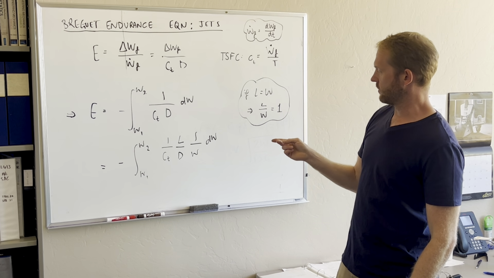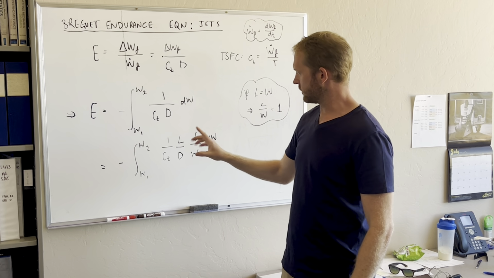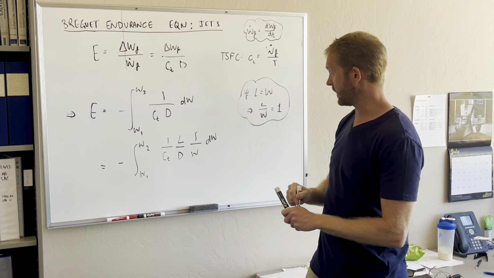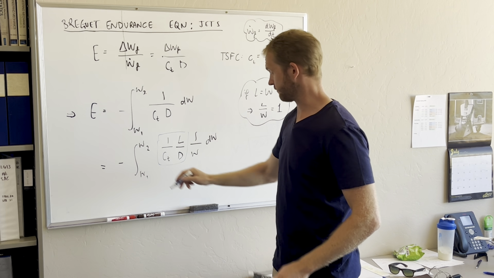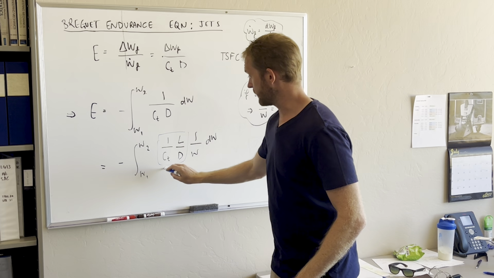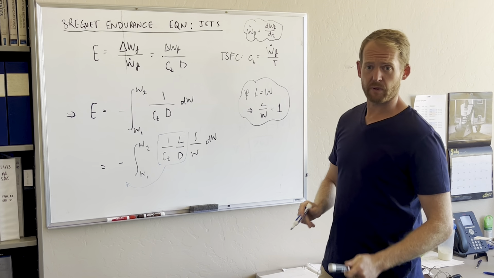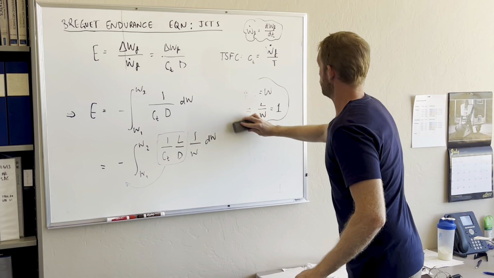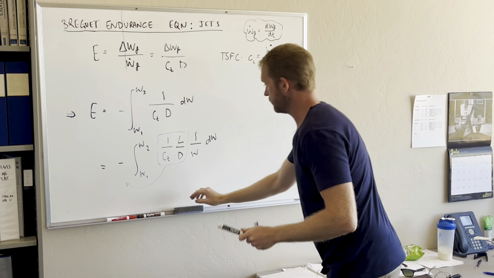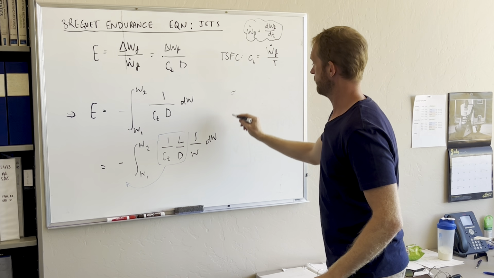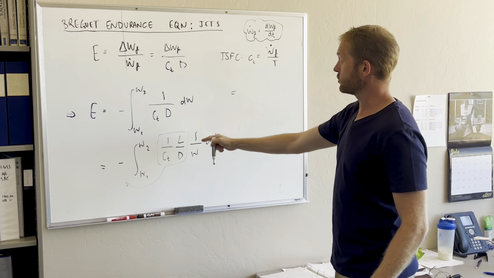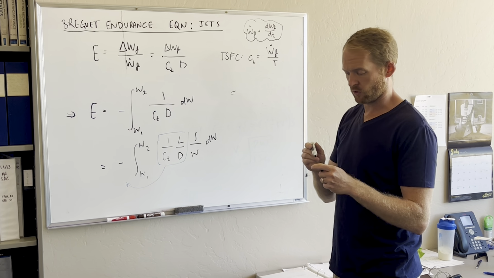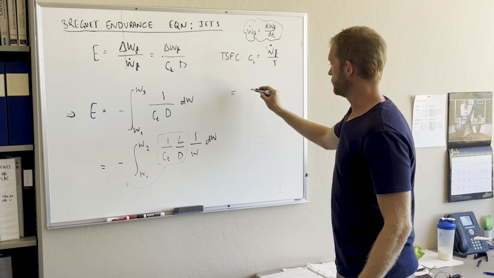So then what I can do is take out all of the terms outside of the integral that don't depend on W. So that is all of this stuff here. So I'm going to take that stuff outside of the integral. That stuff doesn't depend on W. And so that will lead me to, I'm also going to write the magnitude of lift and magnitude of drag in coefficient form, just to make this equation a little bit more generic as well.